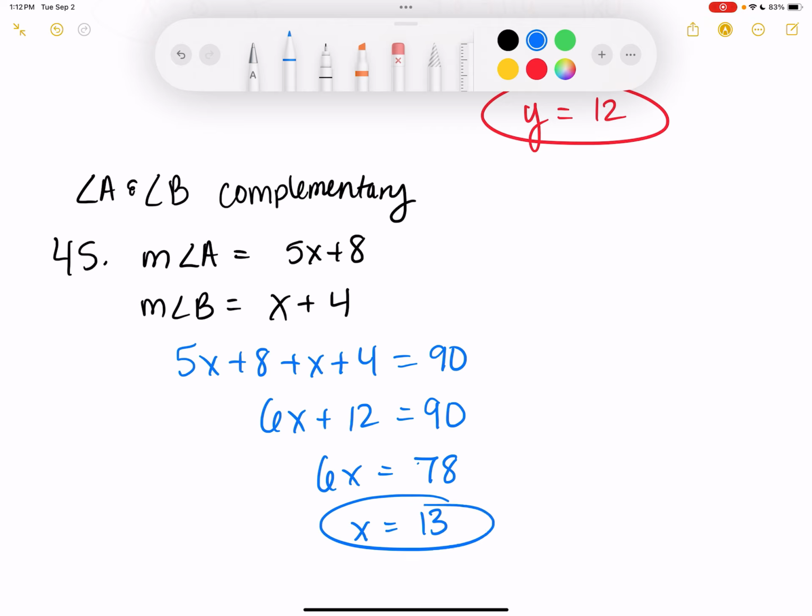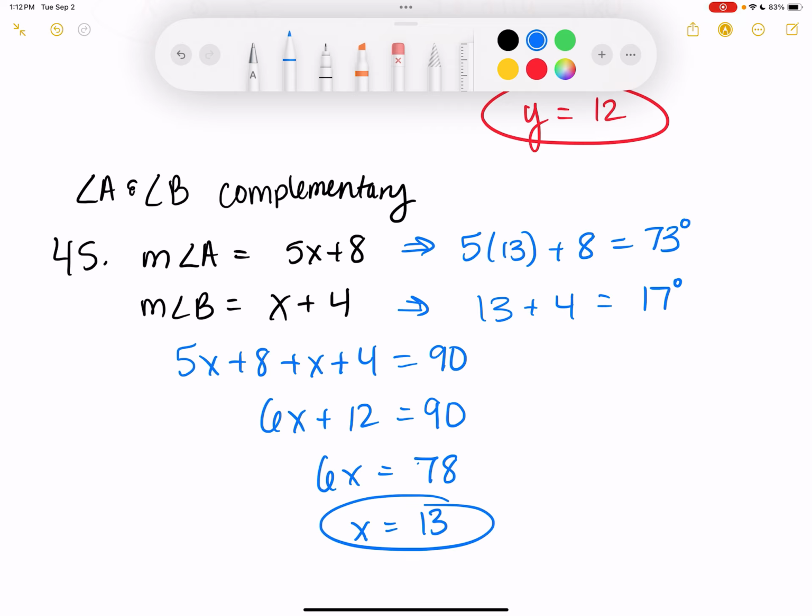They asked us in the instructions to solve for the measure of A and the measure of B. So I need to plug this in up here. So this would be 5 times 13 plus 8. That would be 65 plus 8, which is 73. Yep. And then down here, 13 plus 4 is 17. So those were the two for that one.